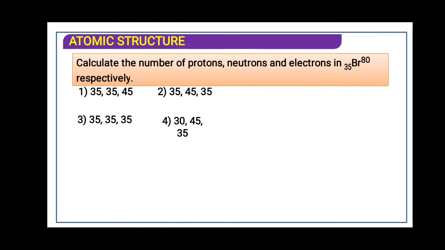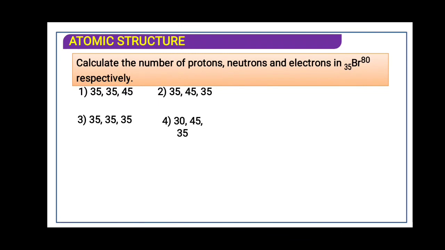First, the proton number is the atomic number, so there is 35 in bromine. In all 4 options there is 35, 35, 35. That means the 4th option will not come, so don't think about the 4th one.